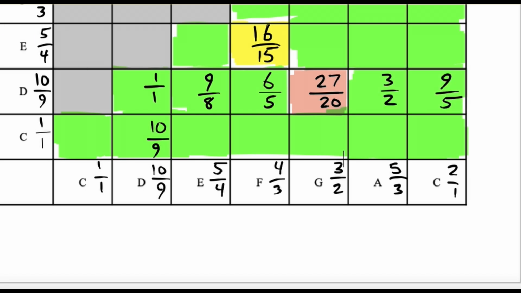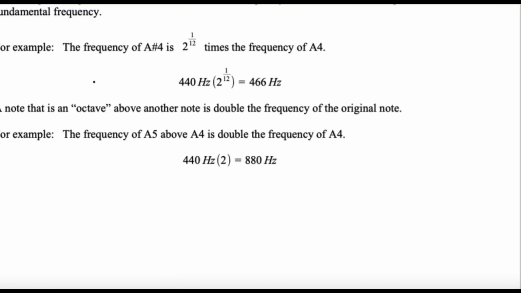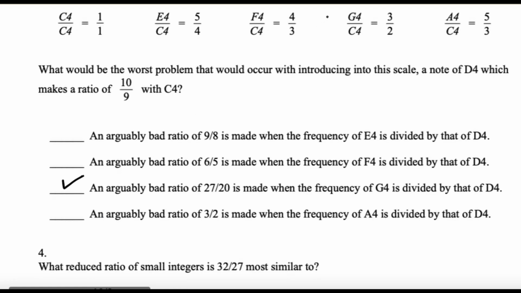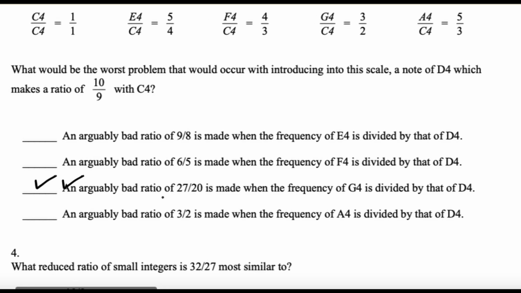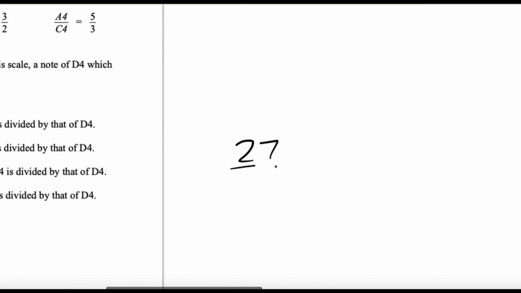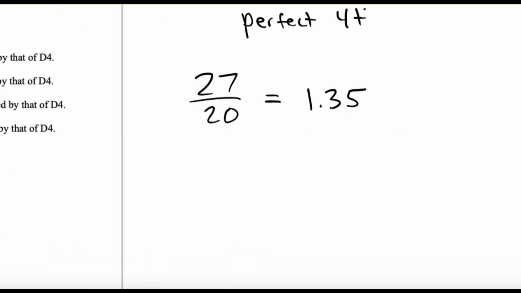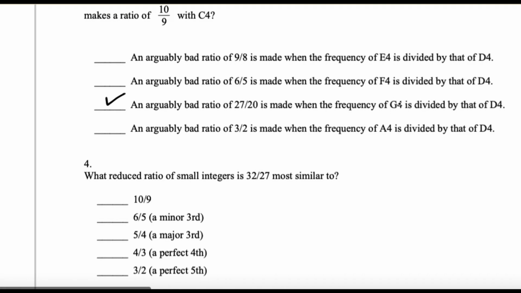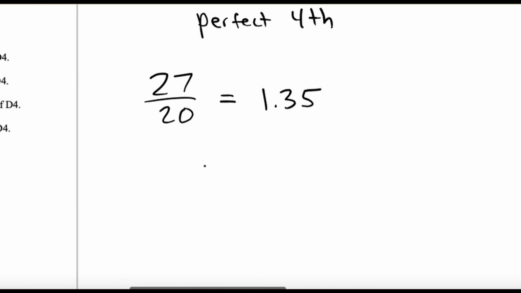But problems still occur, even with 10/9. The worst problem was that G4 over D4 makes 27 over 20 instead of the perfect 3 over 2. Let's see what 27 over 20 is as a decimal. It's 1.35, so actually it's supposed to be a perfect fourth. That's the goal when you're doing a G4 with D4.